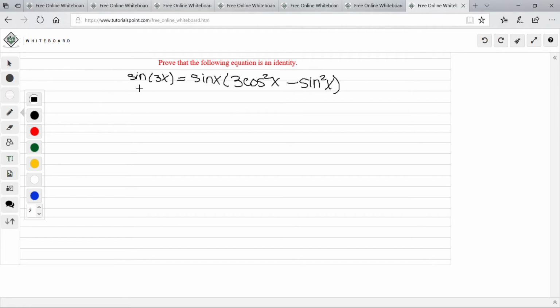So I will start with the left side. Let's look at the left side. So we have a sine of 3x. We can also write sine of 3x as sine of 2x plus x, right? Yeah, we can.